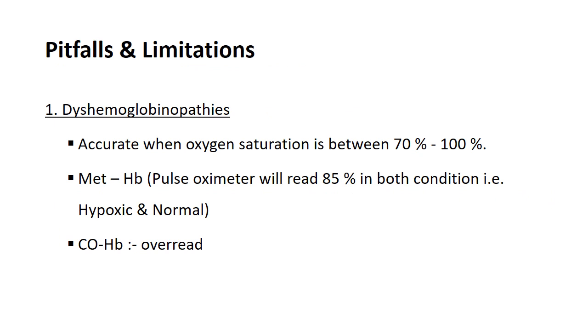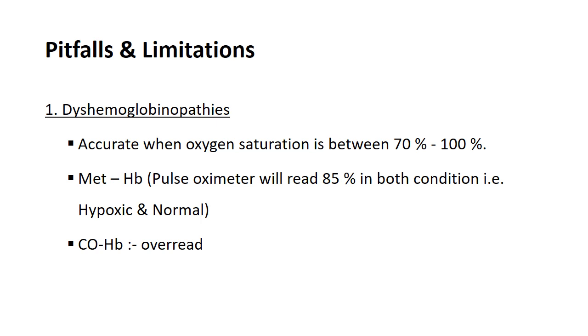Now coming to the pitfalls and limitations. Dyshemoglobinemias like carboxyhemoglobin or methemoglobin, what problem will occur? The oxygen saturation reading is accurate when the saturation is between 70 to 100%. In the case of methemoglobin, the methemoglobin absorbs an equal amount of red and infrared light, and the ratio is equal to 1 at 85% saturation.